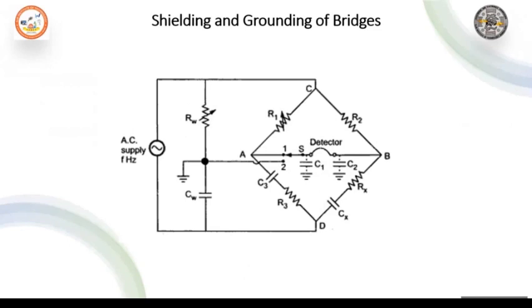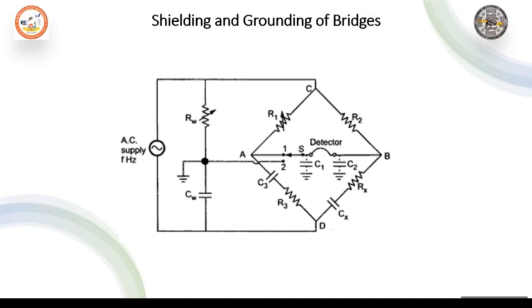Next, we come to the shielding and grounding of bridges, the last topic of this chapter. The various bridges we have discussed until now consist of lumped impedances which do not interact in any way. In practice, stray capacitances exist between the various bridge elements and ground, and between the bridge arms themselves. These stray capacitances shunt the bridge arms and cause considerable error in the measurement.